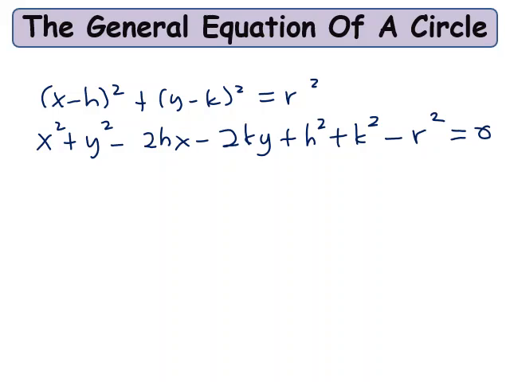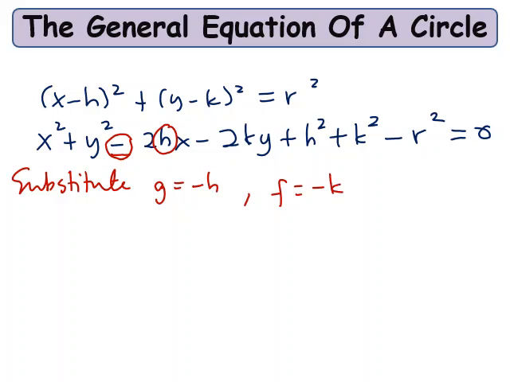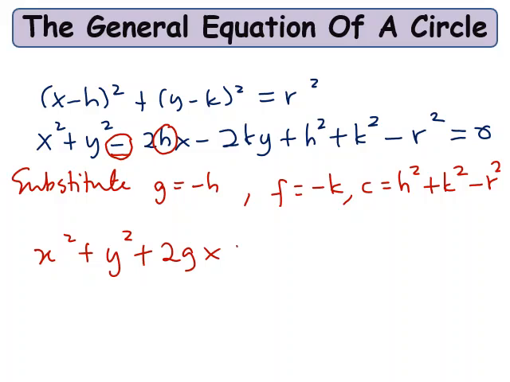So if we substitute the negative h with g, so g equals negative h, and then we substitute f with negative k, and then c equals h^2 + k^2 - r^2, then we're going to have x^2 + y^2 + 2gx + 2fy + c = 0.